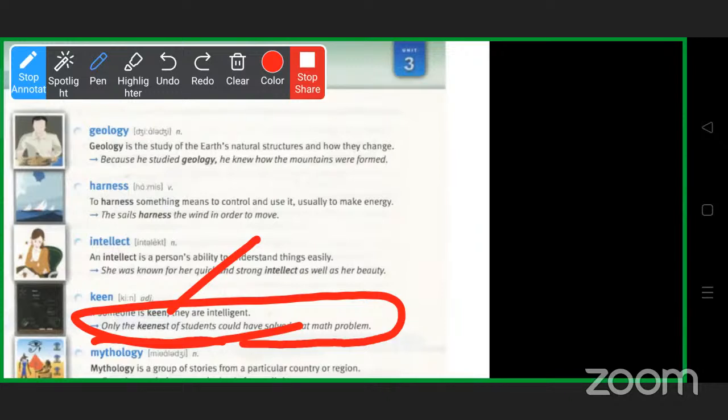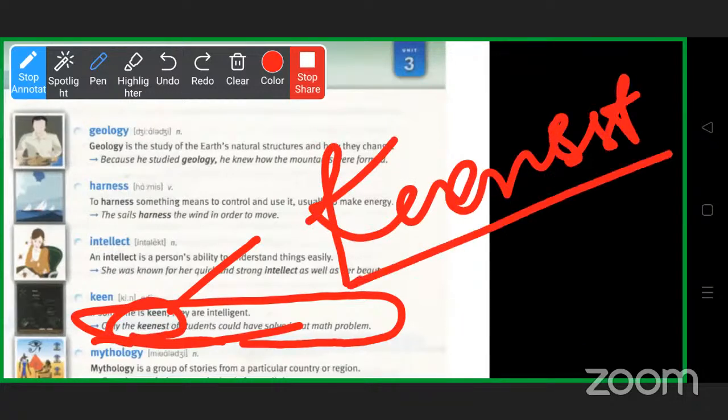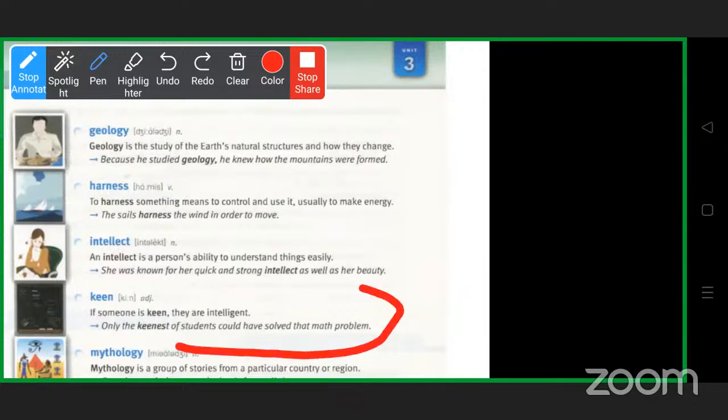Here the keenest is used as a superlative adjective. Only the keenest of the students, that means the ones who were most interested in that problem, could have solved the problem.